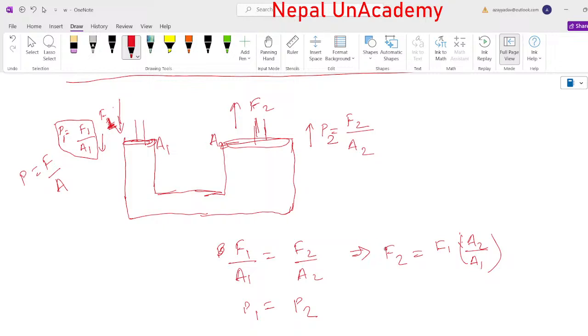So this is basically our equation 1. We are moving further.